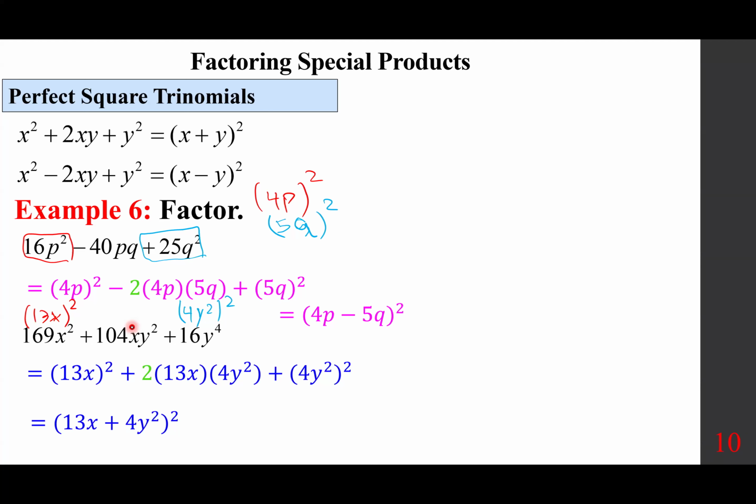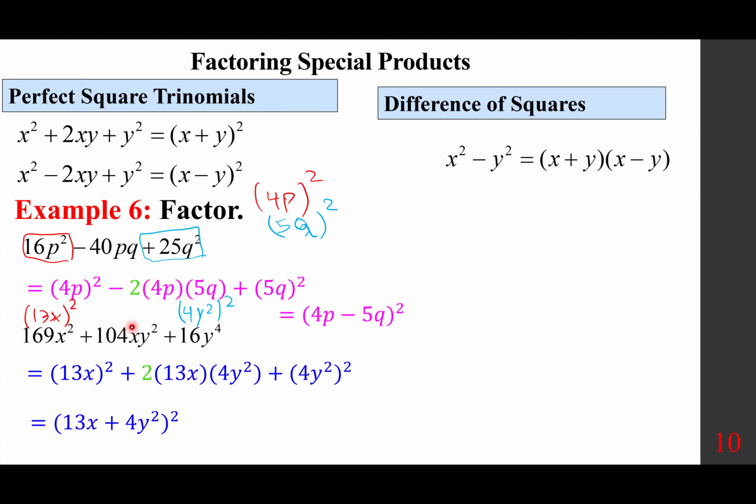All right, when we move to the next one, we look at the concept of the difference of squares. X squared minus y squared is x plus y times x minus y.